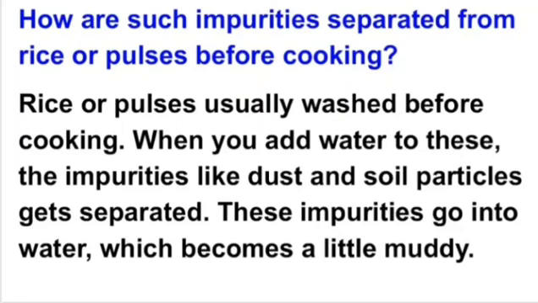Rice or pulses are usually washed before cooking, right? We wash them before cooking. When you add water to rice and pulses, the impurities like dust and soil particles get separated.